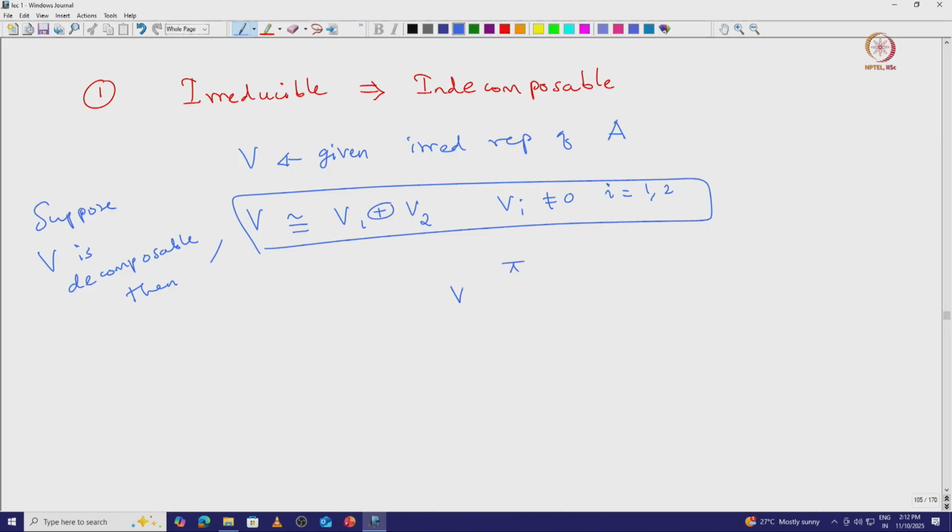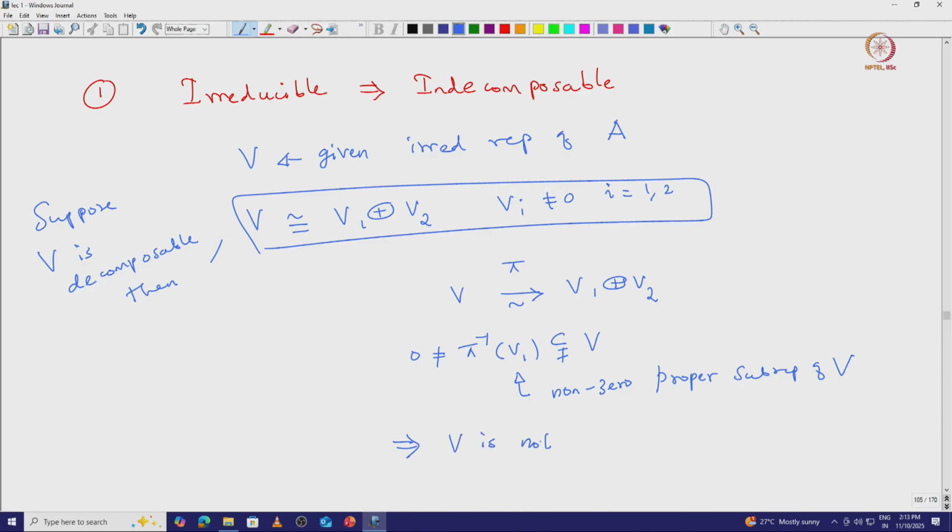Suppose pi is the given isomorphism from V to V1 direct sum V2. Then we can simply take pi inverse of V1, and we can easily see that this is a non-zero proper subrepresentation of V. That means V cannot be irreducible, so V is reducible. Hence irreducibility implies indecomposability.